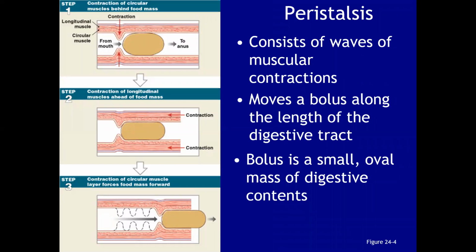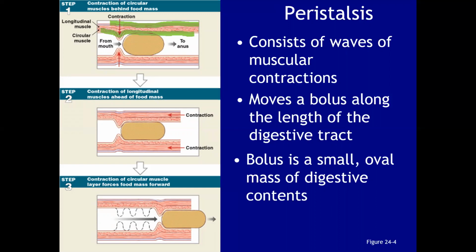All right, so if you remember a few slides back, I showed you that we had different layers of muscle. So in this image, you can see that we have longitudinal muscle and we have circular muscle.